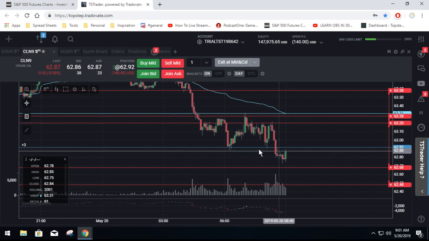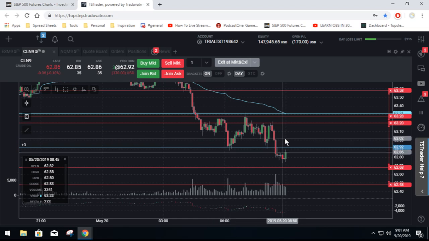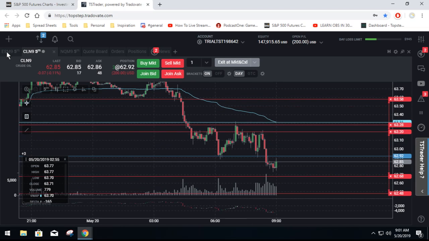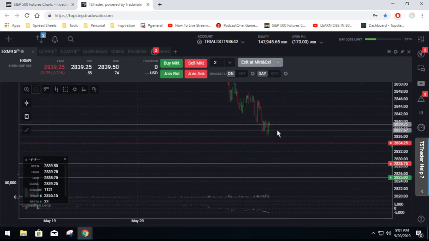So the first level you're looking for is this 63. And you can see positive buying back at 40.